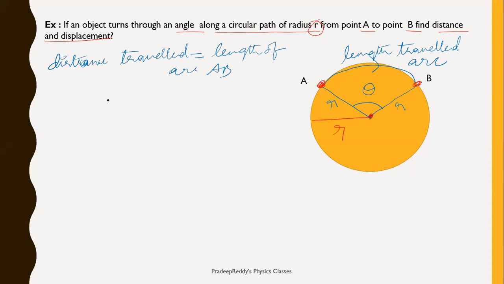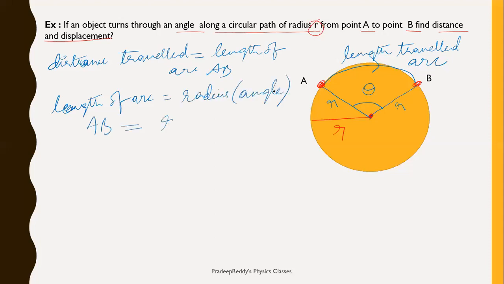And we have a basic relation in mathematics: length of the arc is equal to radius into angle. Therefore, the total length of the arc AB is equal to r theta, right?